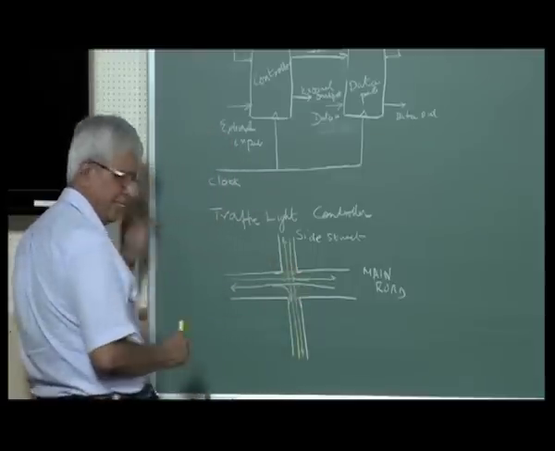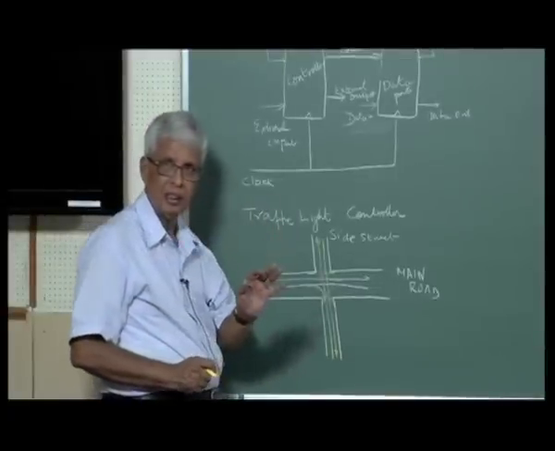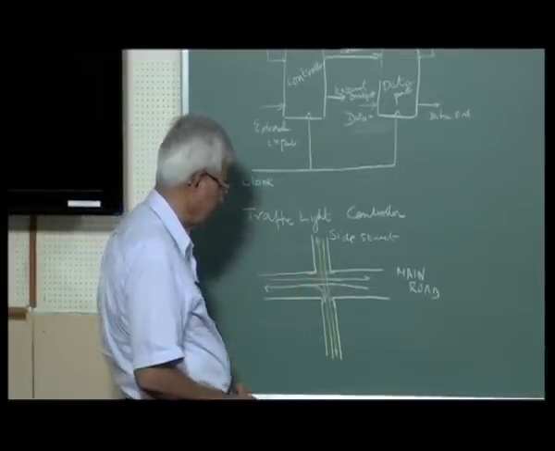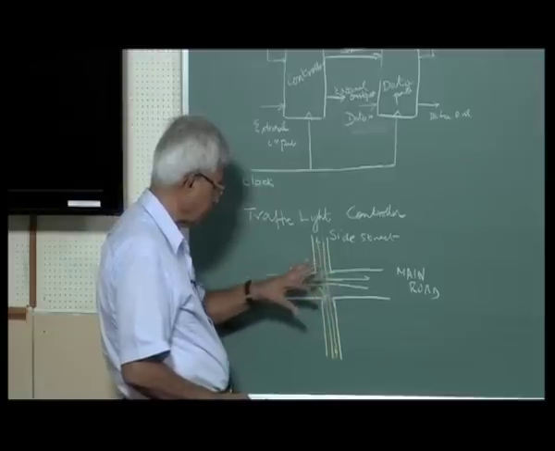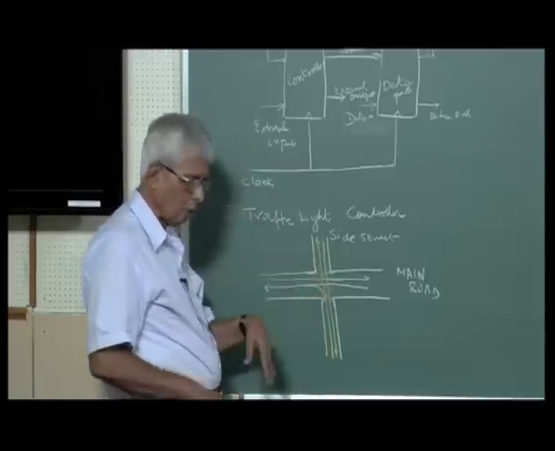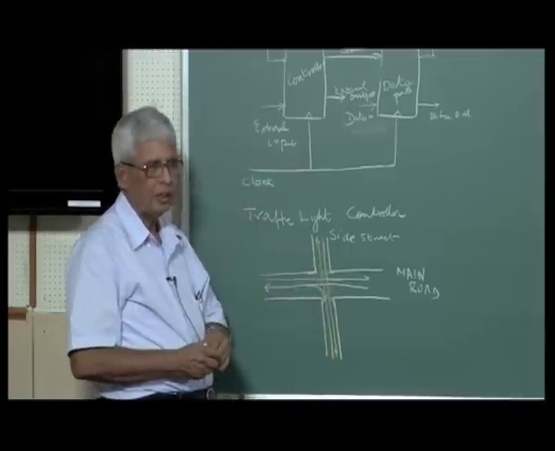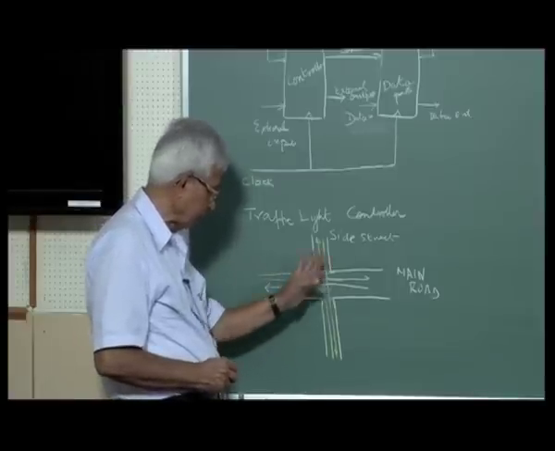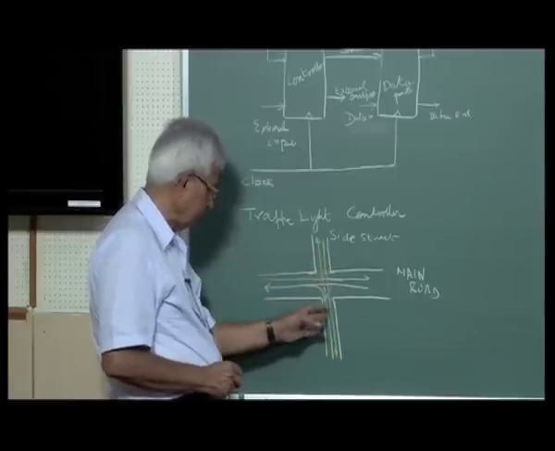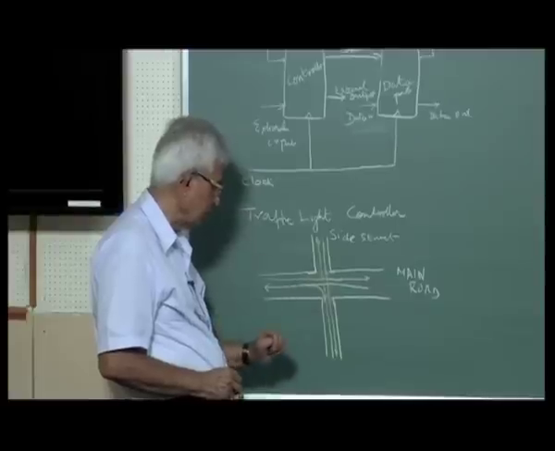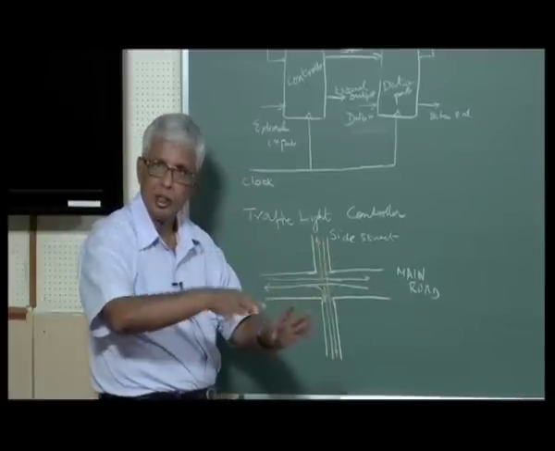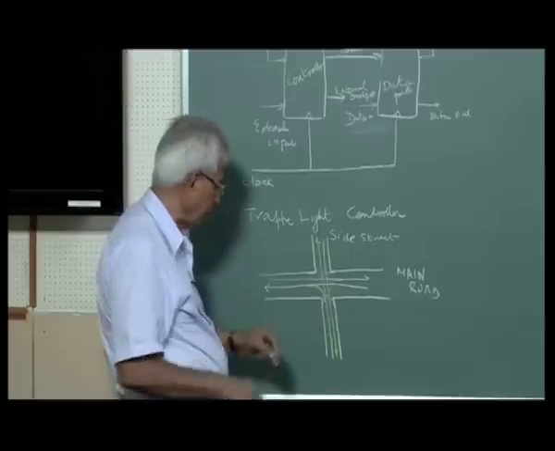I'm making this a very simple exercise. You can have a more complicated set of conditions. Right now I only have a main street and a side street. There may be more than one street. There may be a pedestrian crossing. There may be a left protected right turn. All that is possible, but we are not going to discuss all that now. I'm going to take a simple design.